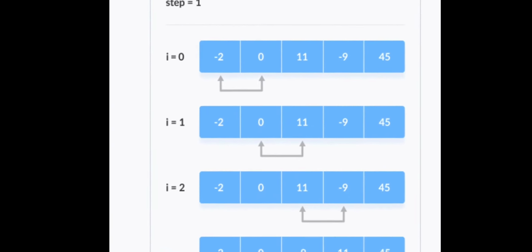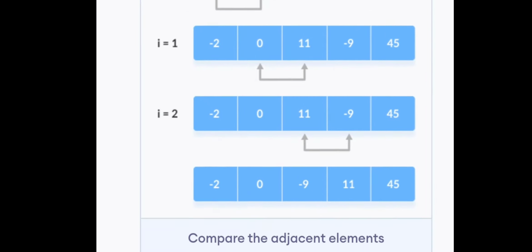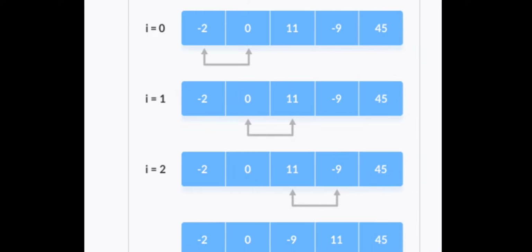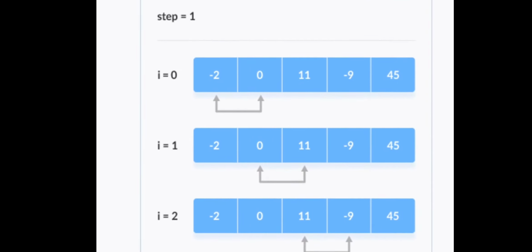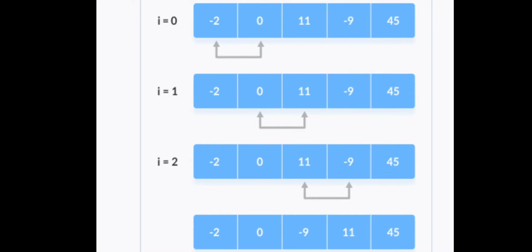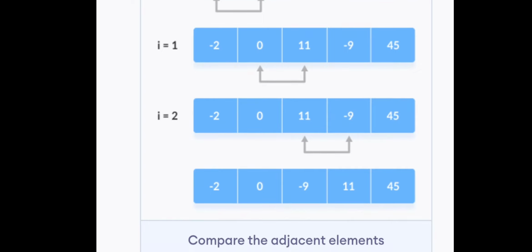See next, -2, 0, okay, both are okay, and 0 and 11, okay. 11 and -9, so -9 is less than 11, so there is a swapping, so 11 is swapped with -9, so -2, 0, -9, 11, 45.